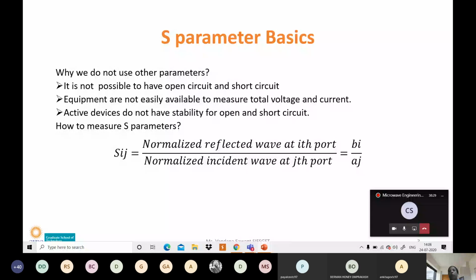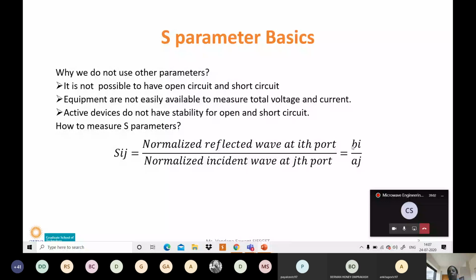So we can write the reflected wave at the ith port as b_i, and the incident wave at the jth port as a_j. Port number J is the input port, and wherever we are measuring the reflected signal, that is port number I. So we can write b_i upon a_j.